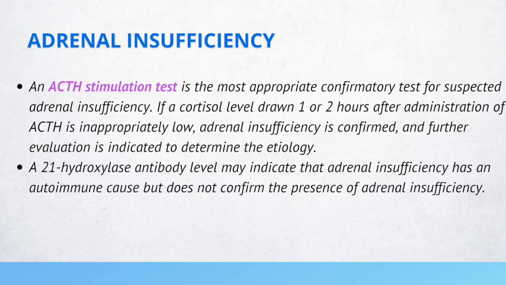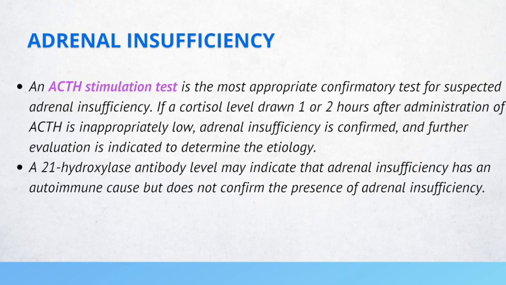Some risk factors for secondary adrenal insufficiency include chronic opioid use, exogenous steroid use, and traumatic brain injury. They can also present with similar symptoms and signs that I mentioned before, such as fatigue, weight loss, weakness, hyperpigmentation, and hypotension. A test that you should know about is the ACTH stimulation test.